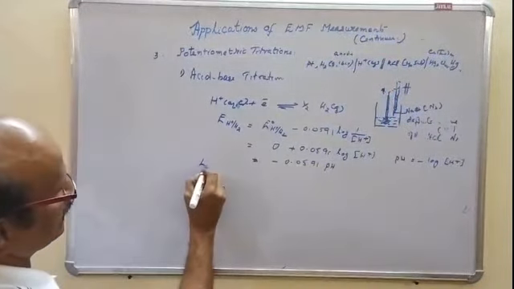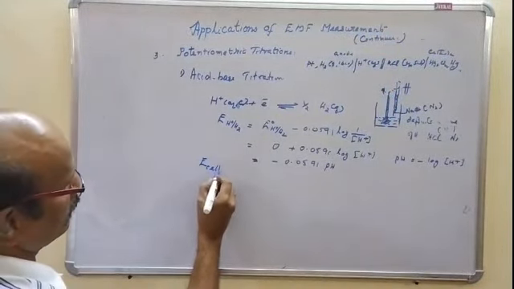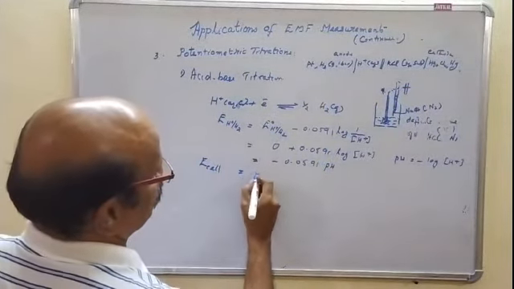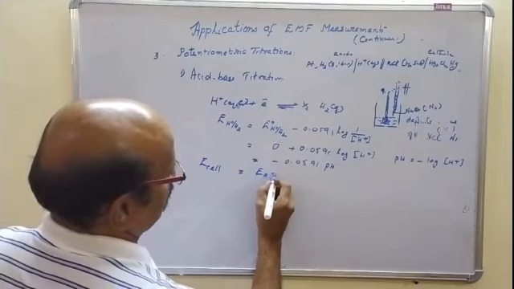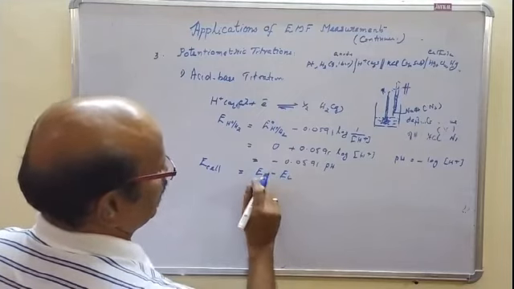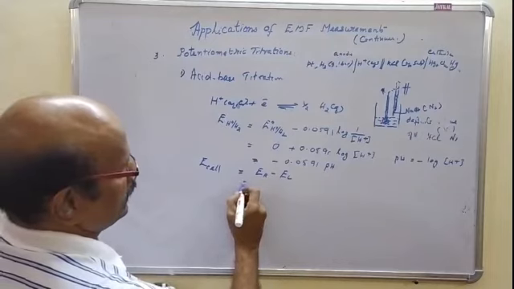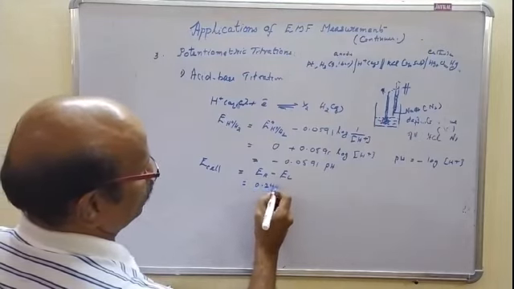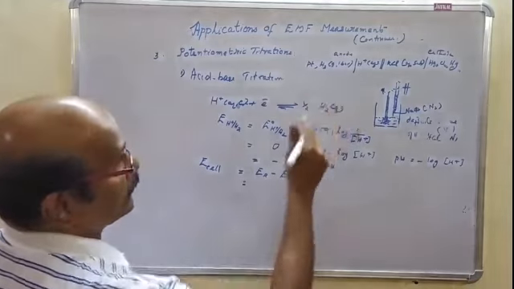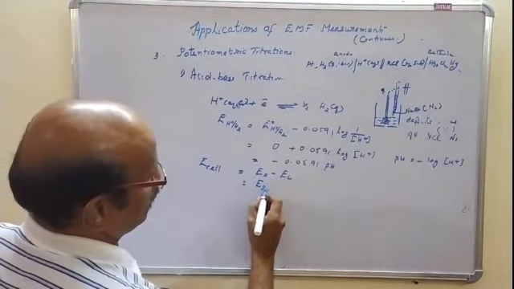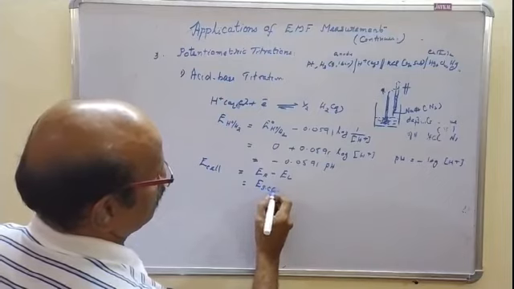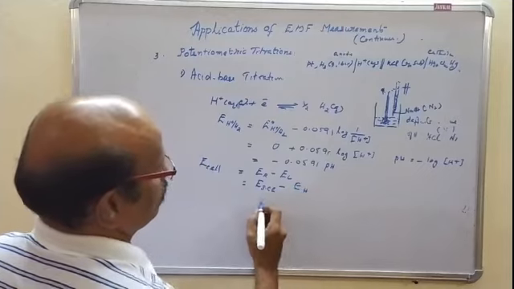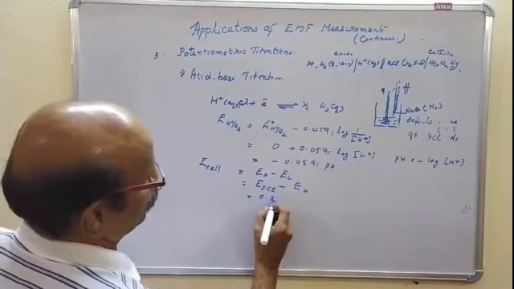The EMF of the cell, E cell, measured potentiometrically, is equal to E right minus E left, or E cathode minus E anode. That is E saturated calomel electrode, 0.2415, minus E hydrogen gas electrode.